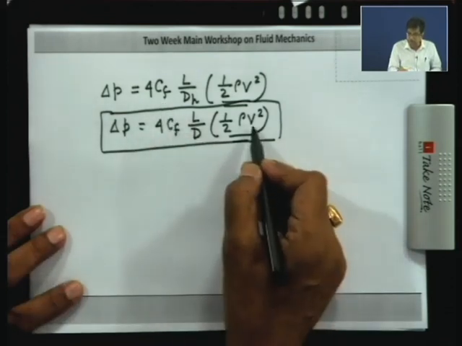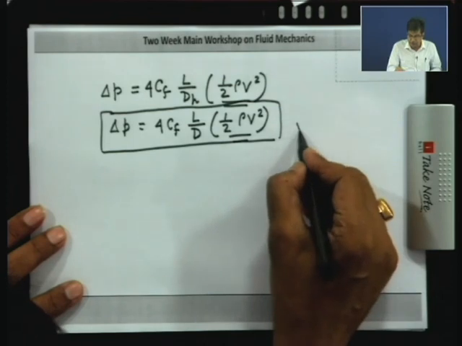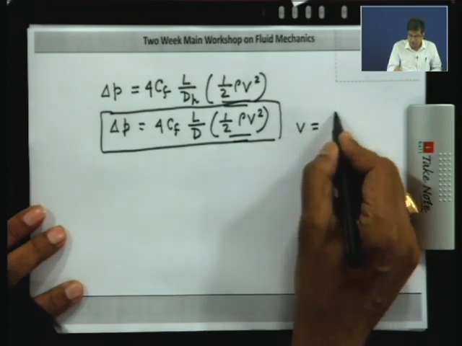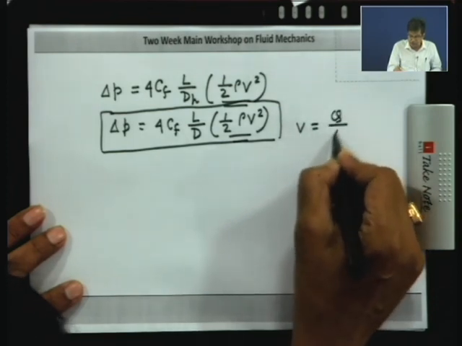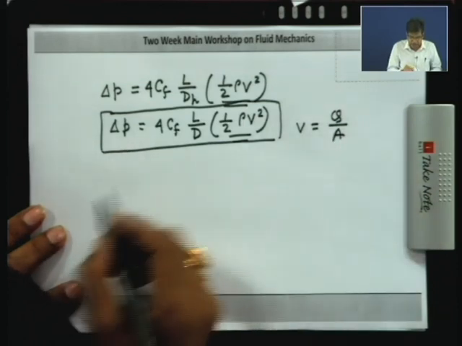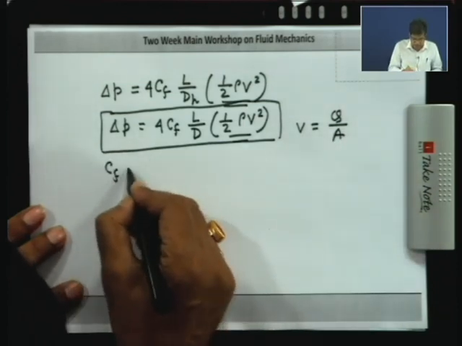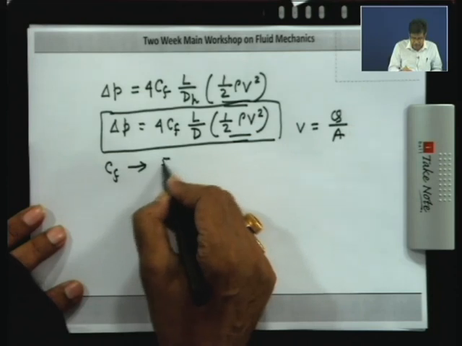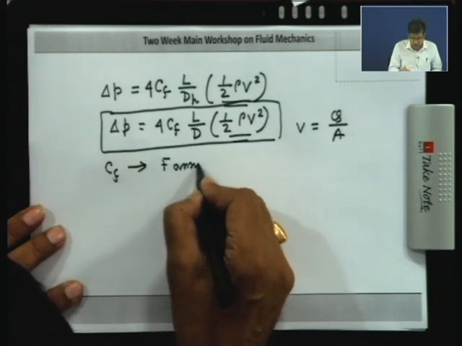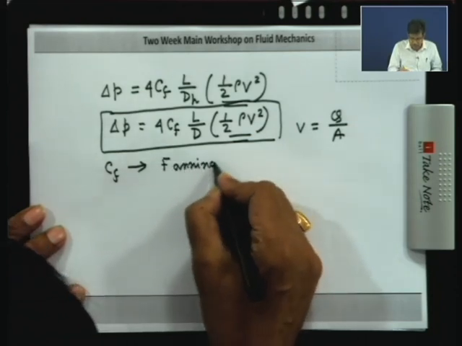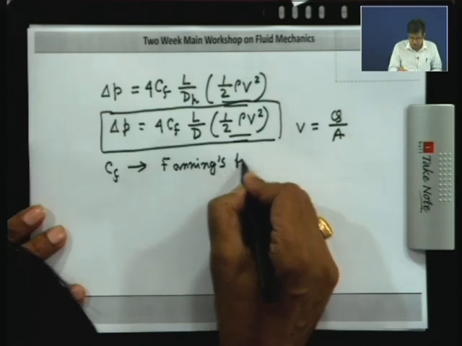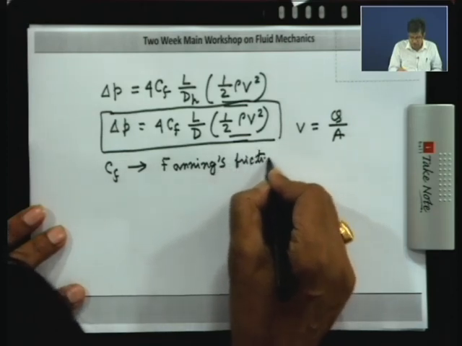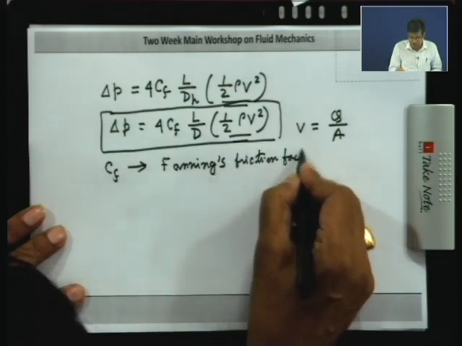And if I know the average flow velocity from the volumetric flow rate, that is, flow rate divided by the cross section, I can find out delta P. And this Cf is known as the Fanning friction factor, by the name of Fanning.